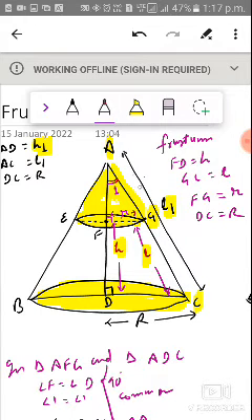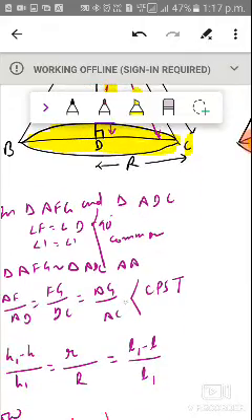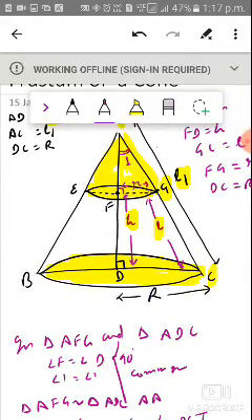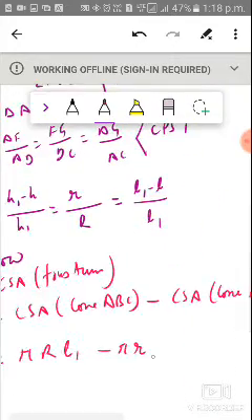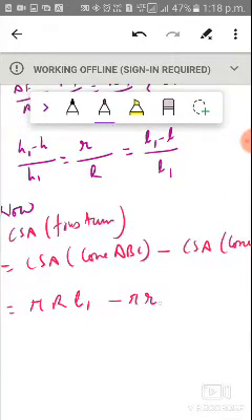So that is AG, and AG is what? AG is L1 minus L. So in place of AG, we'll write L1 minus L. Okay, right?